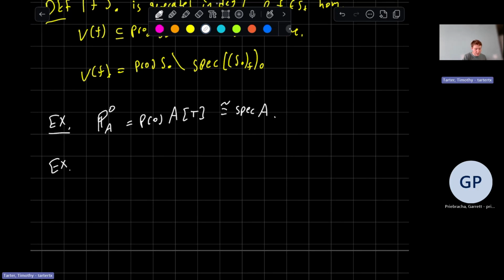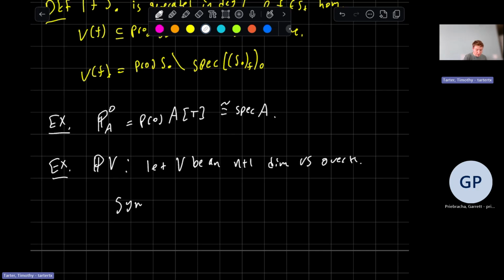A less trivial example is projectivization of a vector space, PV. So we can make this definition of projective space even more choice-free as follows. So let V be an n plus 1 dimensional vector space over K. Here K can be replaced by any ring A and V by a free module as usual.